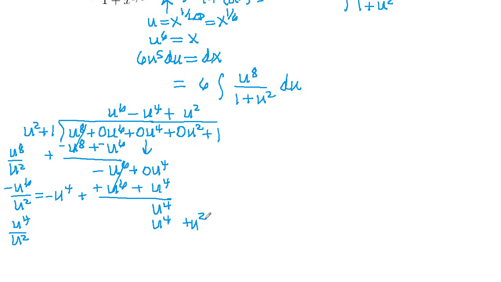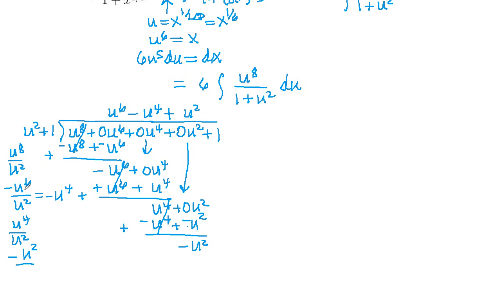We need to bring down the 0 u squared. And we are subtracting, so we change the signs and add. Those guys cancel. Minus u squared, and then minus u squared.